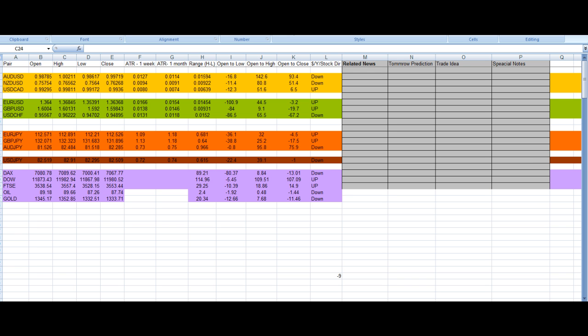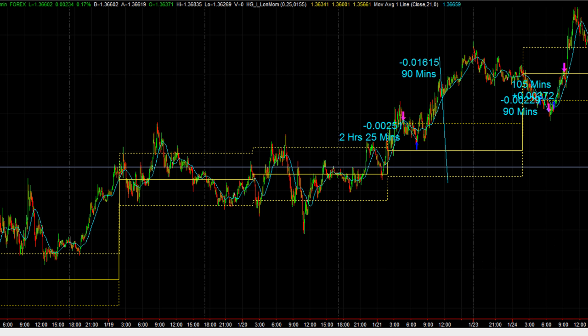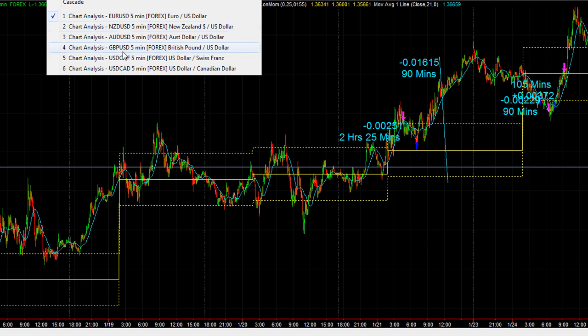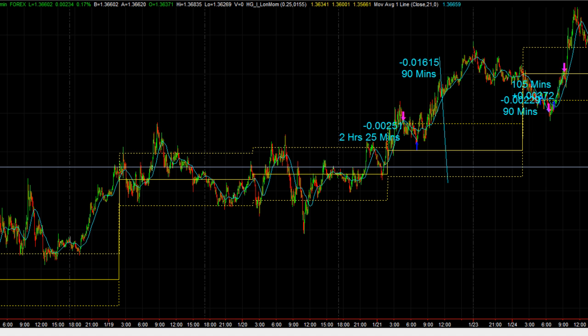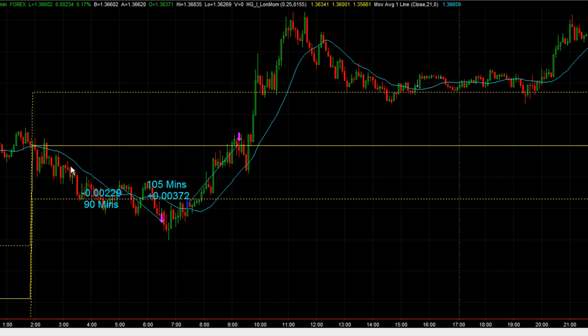Let's look at our specific trade strategies. Our specific trade strategy was that we want to buy the Euro USD, and we were bullish on the Euro USD. Let me just zoom right into the trades which took place. We were expecting weakness in the Euro USD to begin with, and then once it closed above the 21 SMA on the 5-minute chart, we wanted to go long.